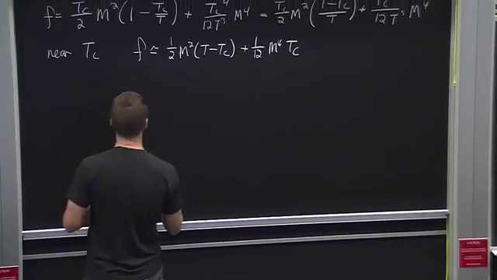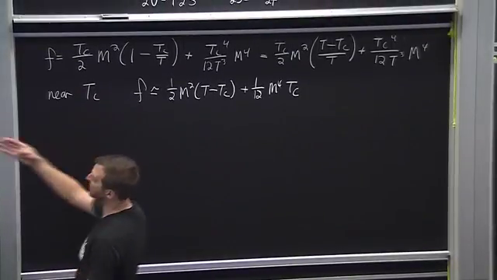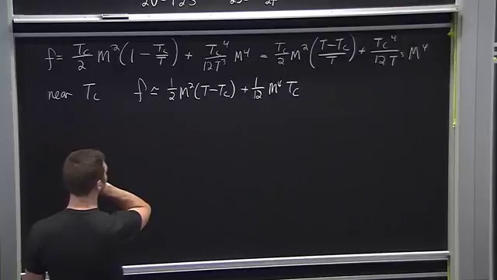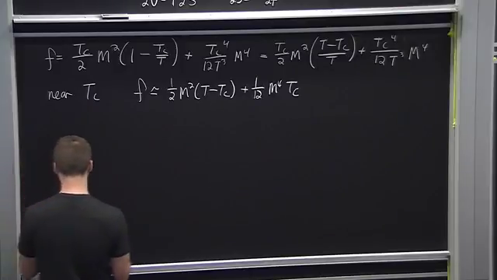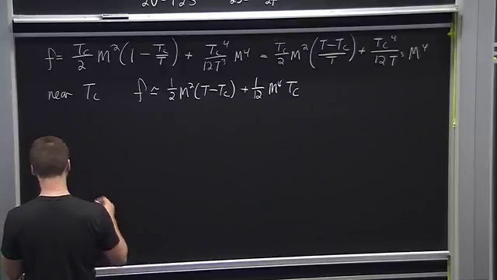And to derive m from this, just like we did up here, you take the derivative of f, set it to 0, look for the minima.